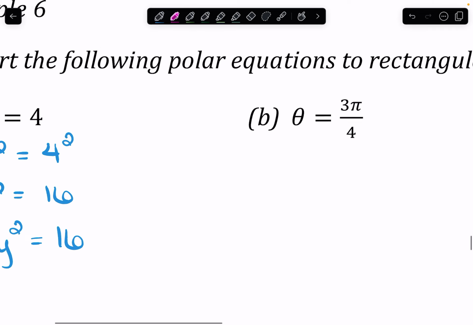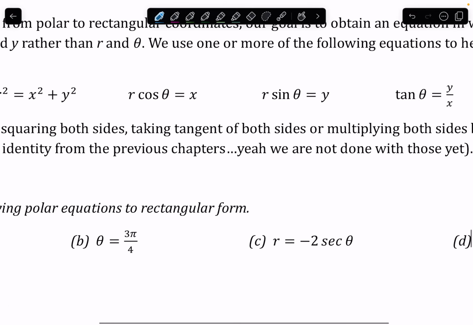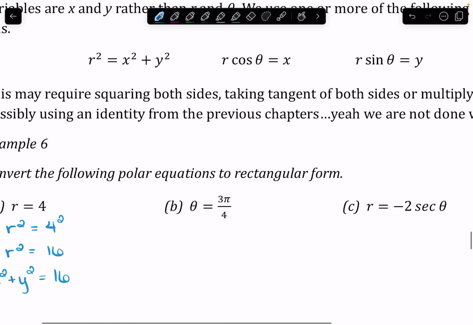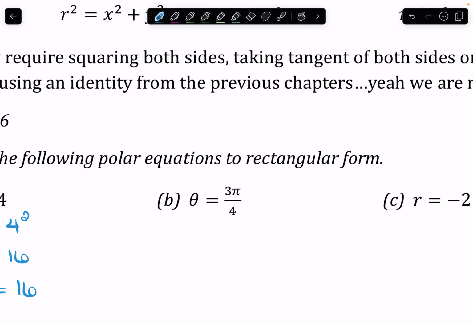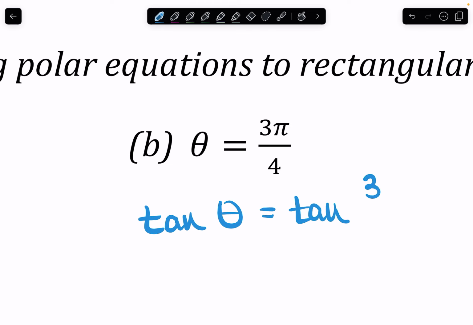For B, theta equals 3 pi over 4. So once again, if we look at our conversions, we do not have a conversion directly for theta, but as long as I do the same thing to the left and right, I can do what I want. I have a conversion for tangent of theta. So I am going to take tangent of the left side, which means I must also take tangent of the right side of the equation.